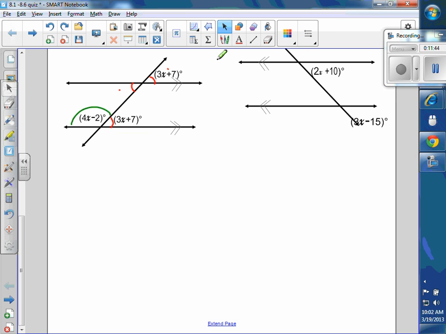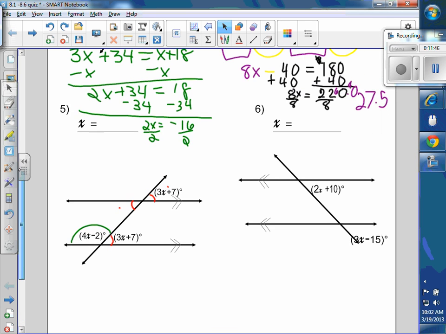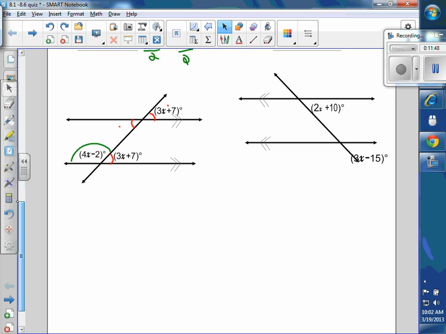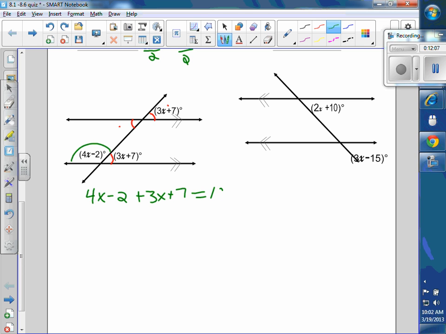And that brings us up to the problem like we did yesterday, right? When they form a line, these are supplementary, right? So you just add them. You're going to say 4x take away 2 plus 3x plus 7 equals 180. Which equals 7x minus 5?